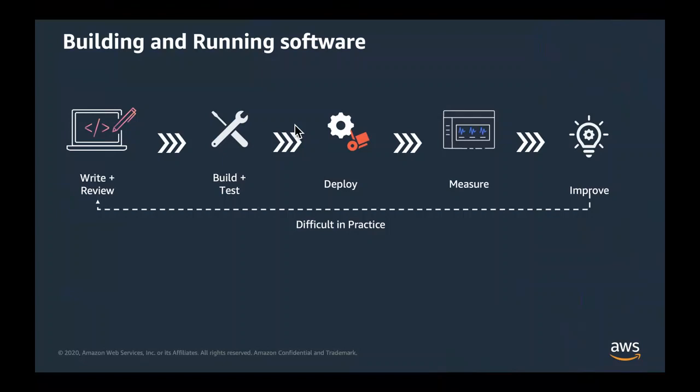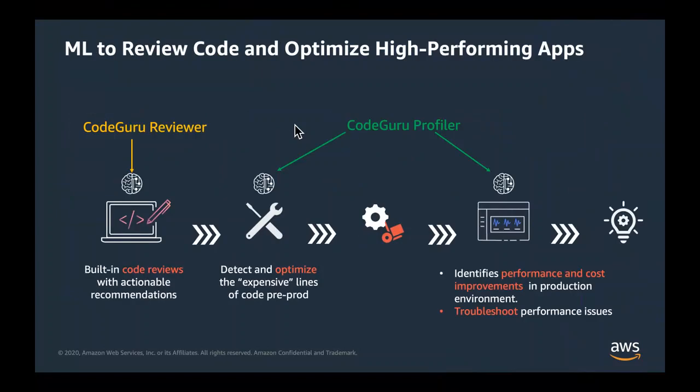Instrumenting and monitoring your code can be quite tedious, but you also need that deep expertise to take the results of that and understand how to improve the software. So based on that, I want to talk about two services that we have today to address these issues, that bring machine learning and automated reasoning to assist developers to provide that expertise and remove some of the tedium.